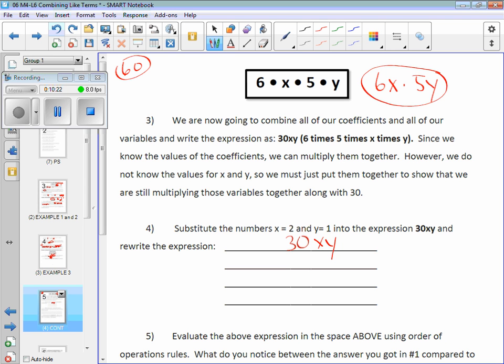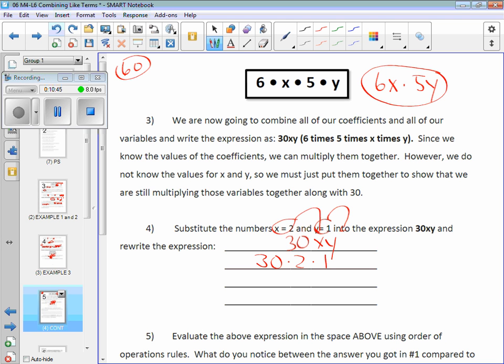If we substitute those same numbers in for x and y, which we're going to do right now, let's rewrite it and sub it in. 30 times 2 times 1. What do you get? Tracy, you get 60. We now know this is an equivalent expression for this.